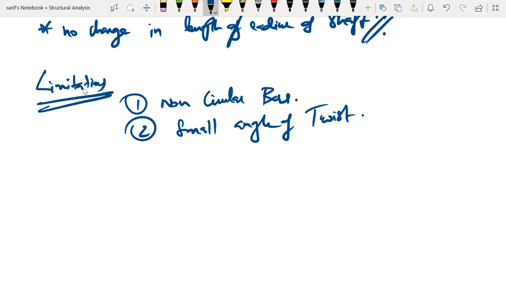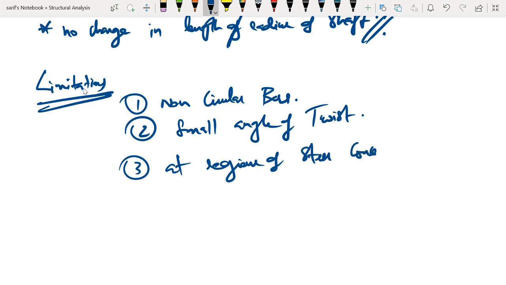And it is also not applicable at regions of stress concentration. Stress concentration means points where the loads or the couples are applied, or where there is a sudden change in the cross section. So these are the limitations of this particular theory.